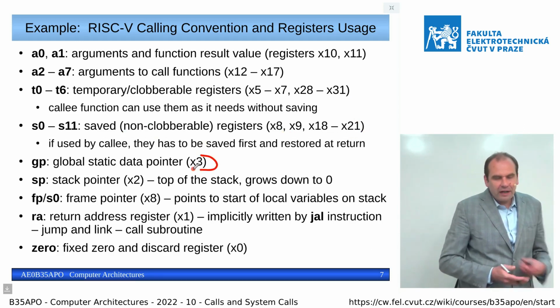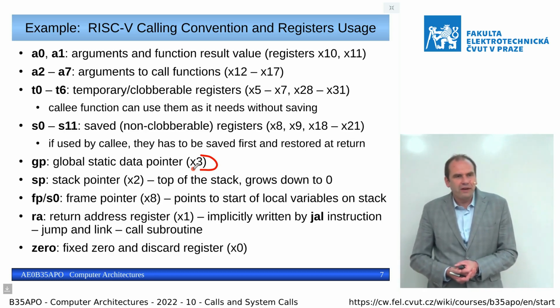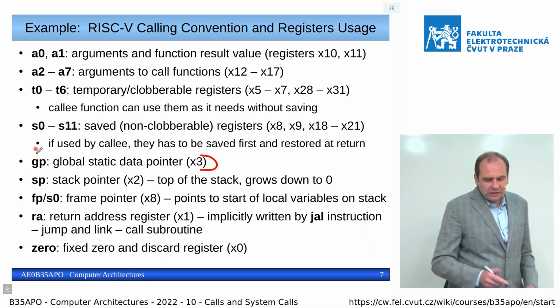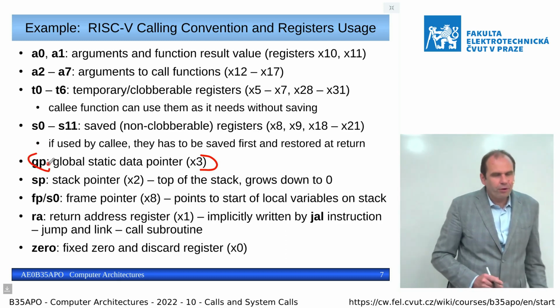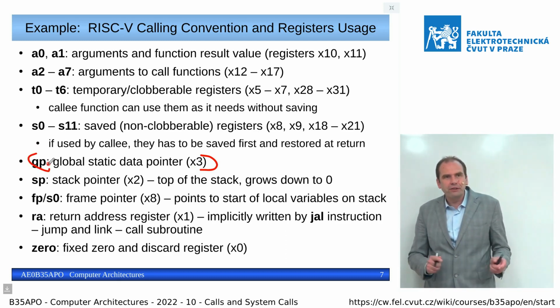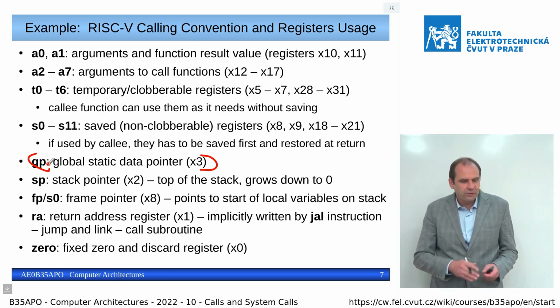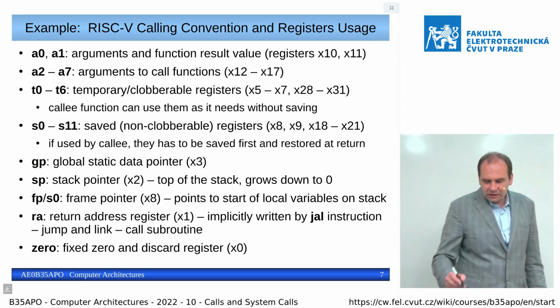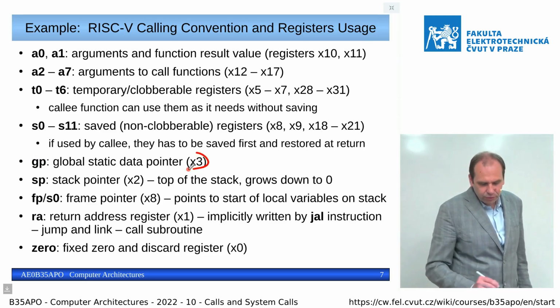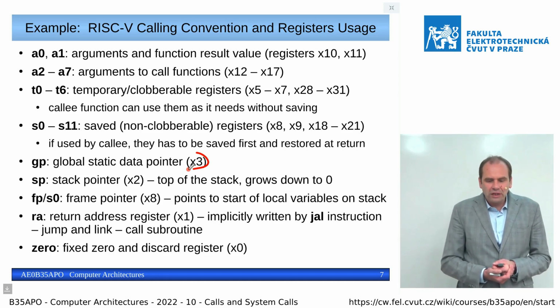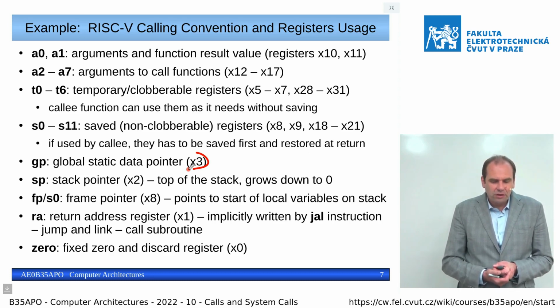Because RISC-V allows only a 12-bit offset to the pointer, we have a problem where to place global data if we do not want to place it starting from the 0 address. So for this reason, one register is used as a global static pointer which points to the area where global variables are stored in memory.